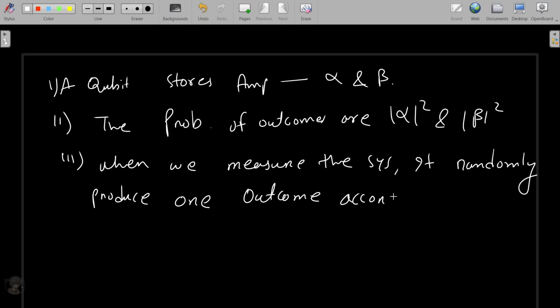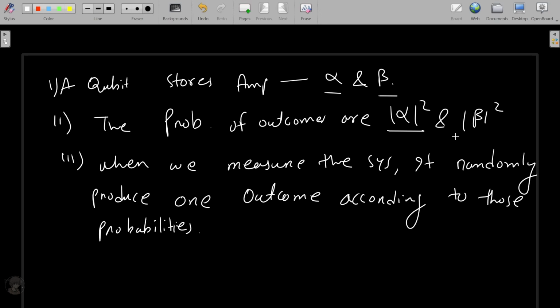And after measurement, the state collapses to the observed result.